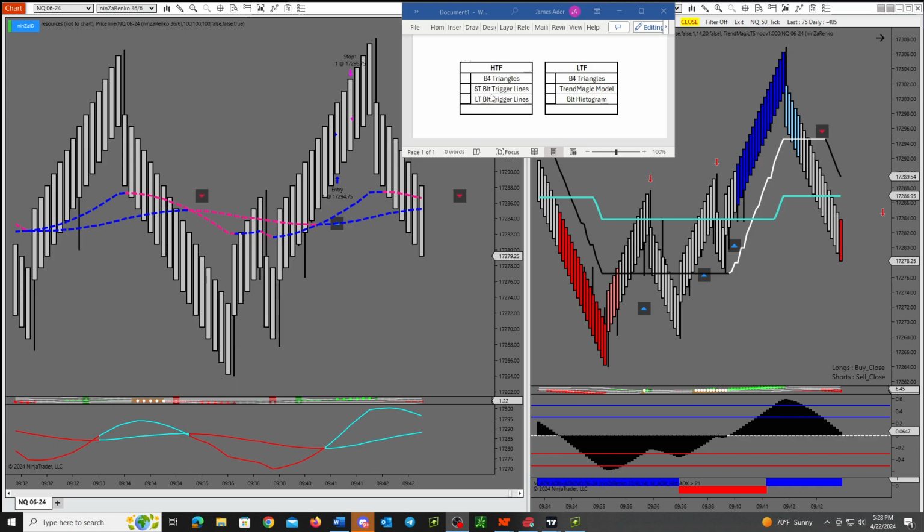When you have all three of those stacked up one way or the other, and you have all three of these stacked up on the lower time frame, the B4 triangles, the trend magic model, and the BLT histogram, you just have to take the trade. There's a lot of times where I hesitate when I've got like 50% of the 3 of the 6 lining up, and I try to wait for at least one other.